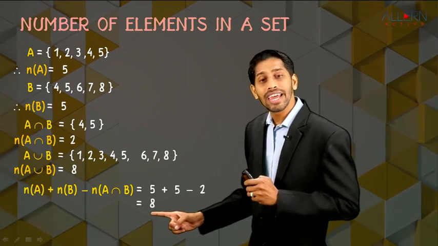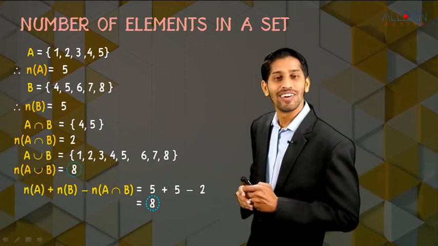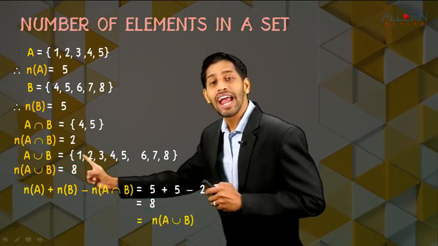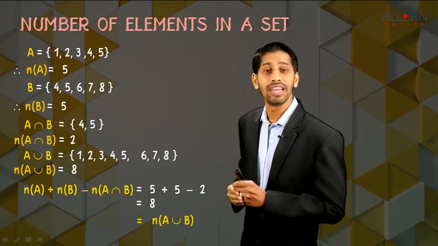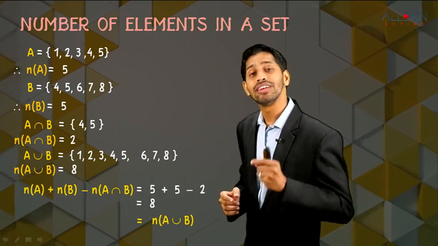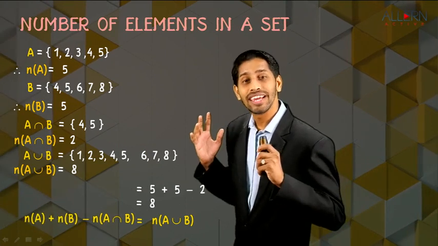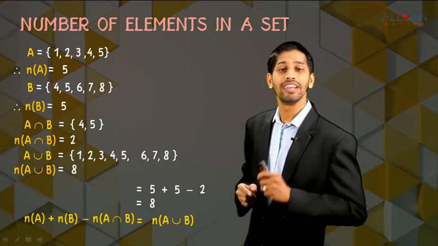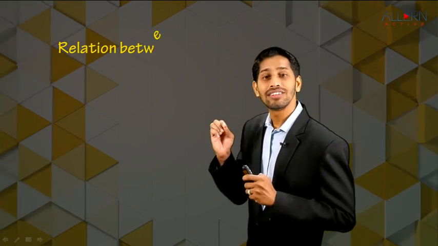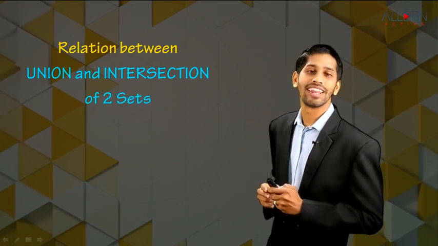And if you observe, this 8 is nothing but the value of n of A union B, right? That means if we add n of A and n of B, and subtract n of A intersection B, we'll always get the value of n of A union B. Therefore, we can say that n of A plus n of B minus n of A intersection B is always equal to n of A union B. That is nothing but the relation between union and intersection when 2 sets are given to us.